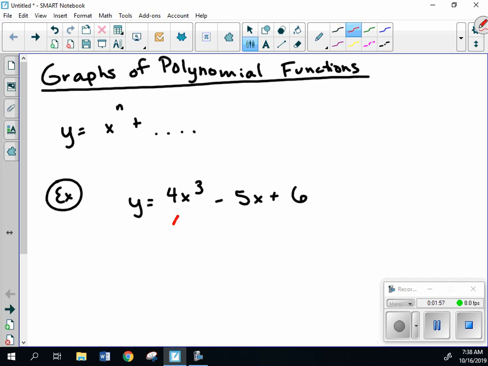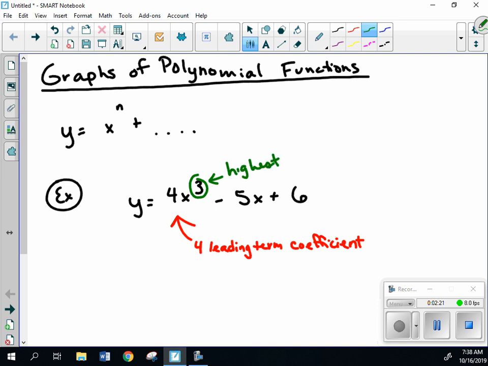Since this is my largest exponent, the 4 is considered a leading term coefficient. And that's because that 3 is our highest exponent, which represents the degree.